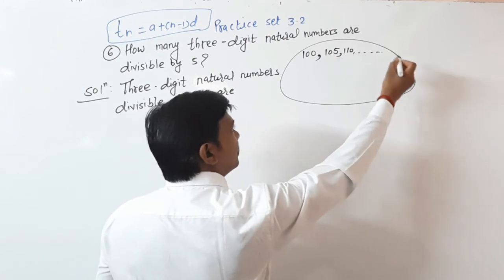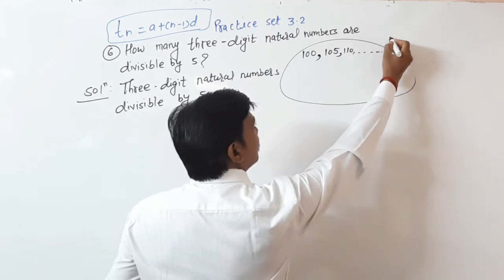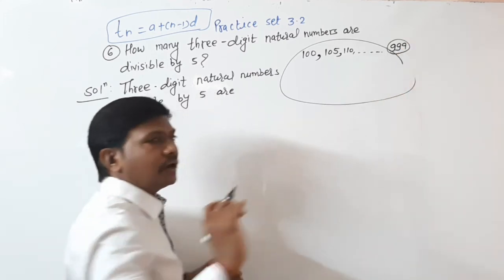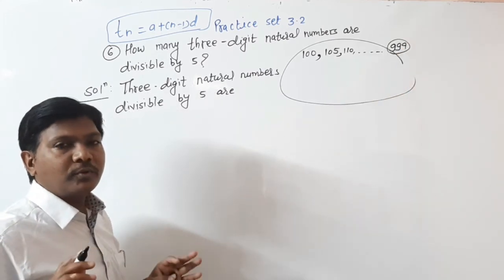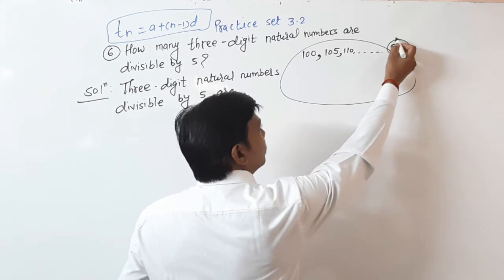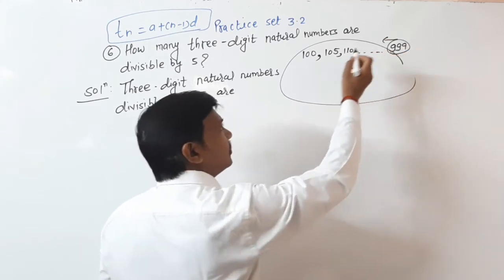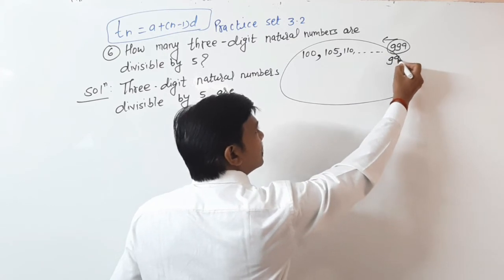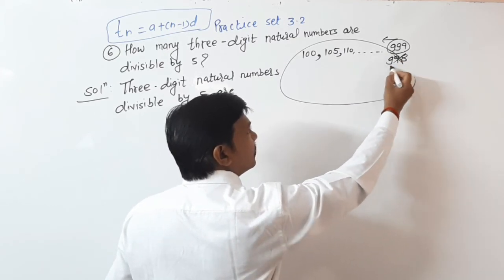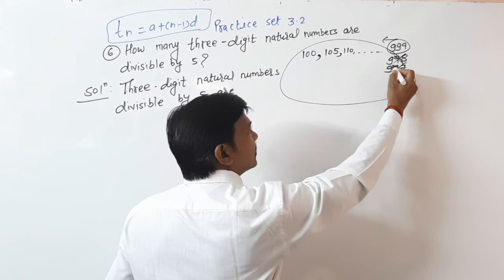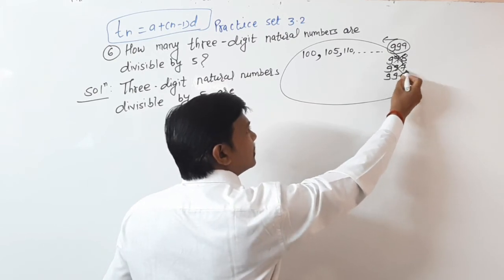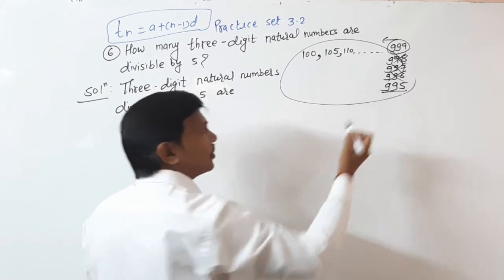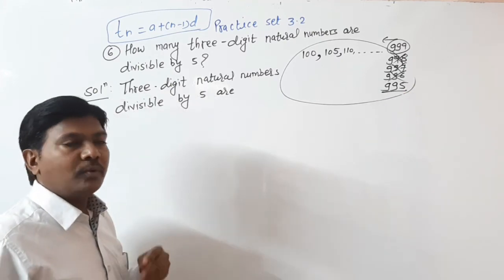Similarly the last one, 999, but this 999 is not divisible by 5. So we write the last number which is divisible by 5. 998 is also not divisible, and so on, then the last number is 995, which is divisible by 5.